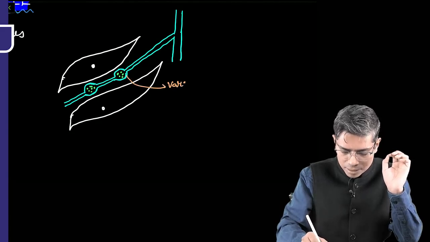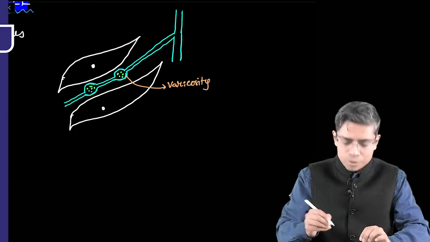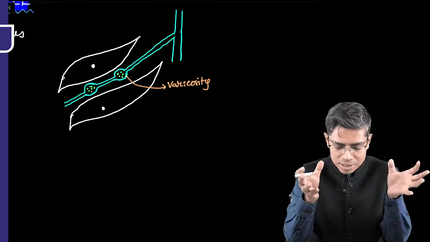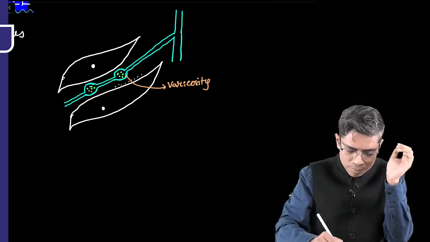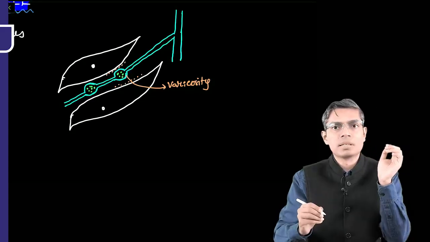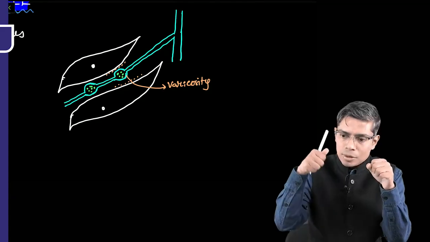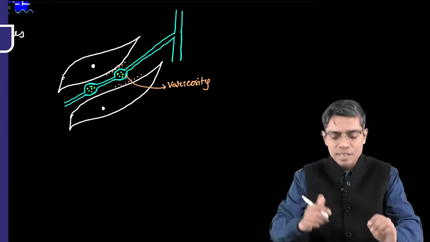So this is known as varicosity, right? This varicosity will release the neurotransmitter, and then that neurotransmitter will spread throughout the surface membrane of this smooth muscle. That means I am not seeing any proper neuromuscular junction where a neuron is touching the smooth muscle membrane, but rather there are multiple varicosities.